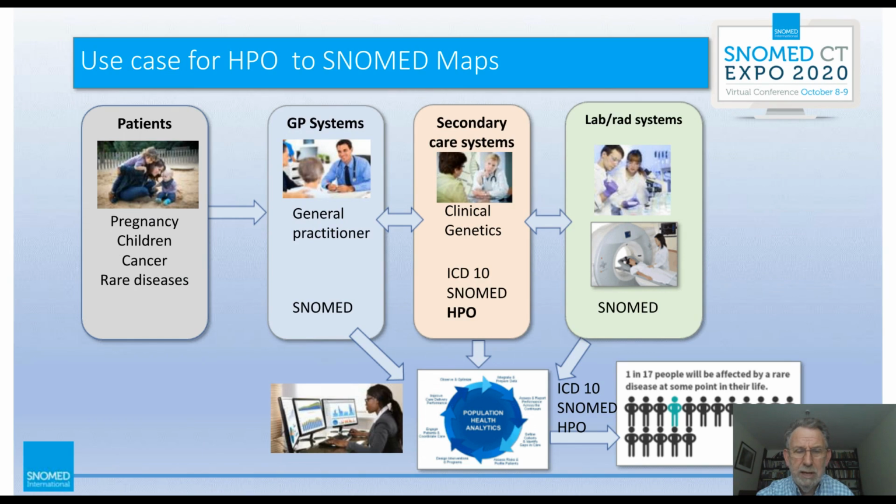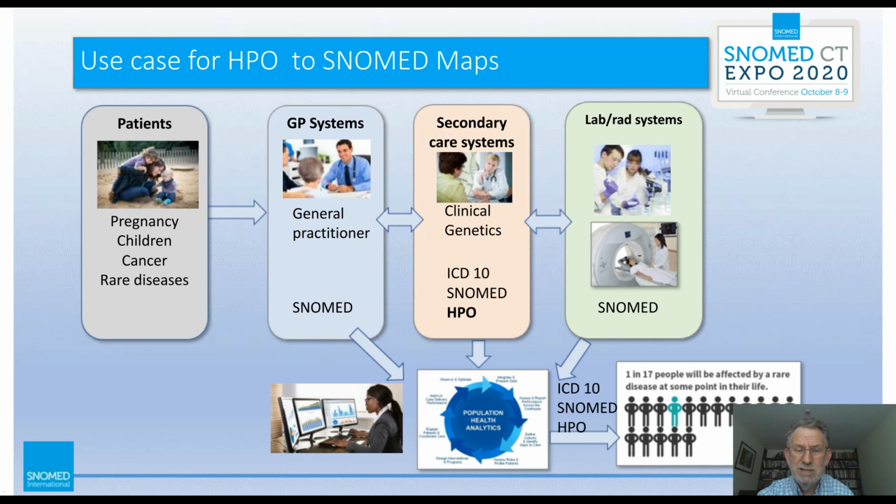Okay, so looking at a patient journey, we're often talking about patients that are pregnant with children, or have cancer or rare diseases. If they refer themselves to a GP, they'll be referred then, if they have a genomic problem, to the secondary care system, the clinical genetics service, and they'll often undergo detailed investigations under the lab and radiology systems.